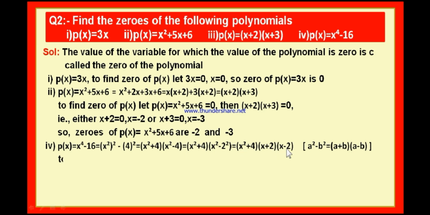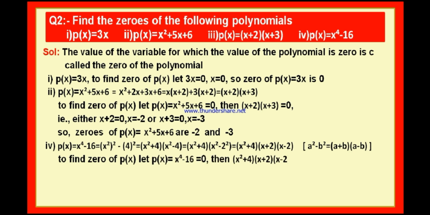Now let us equate it to 0. To find the zeros of the polynomial p of x, let p of x is equal to x power 4 minus 16 and is equal to 0. Then the factors of x power 4 minus 16 give x square plus 4, x plus 2, x minus 2 equal to 0. Since the product of three values is 0, at least any one of them should be 0.